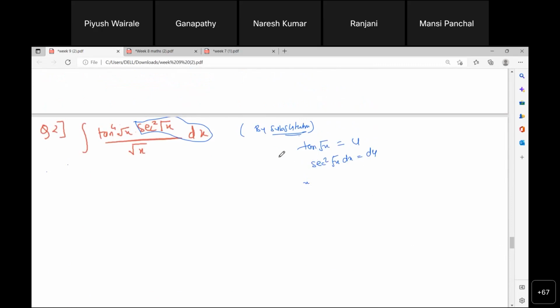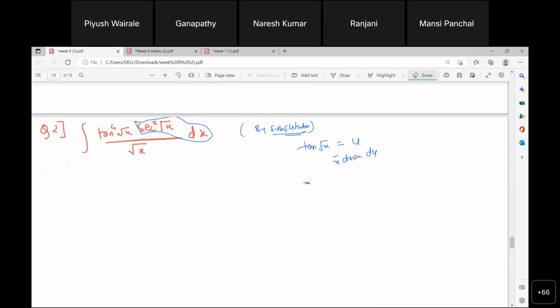Okay, so if I put du here, what is the derivative of tan of root x? It is sec square root x into the derivative of root x, that is 1 by 2 root x, dx equals du. But here 2 is not there. So what I can do is multiply and divide by 2.